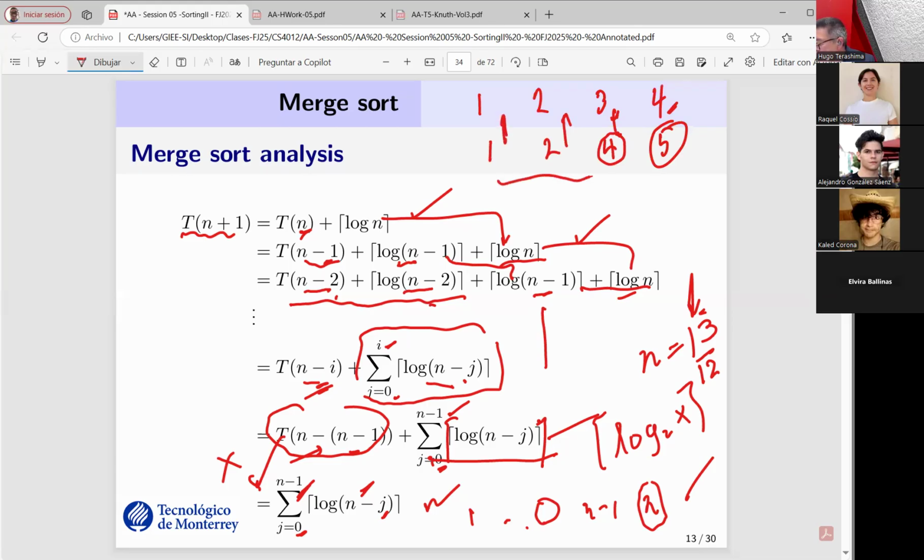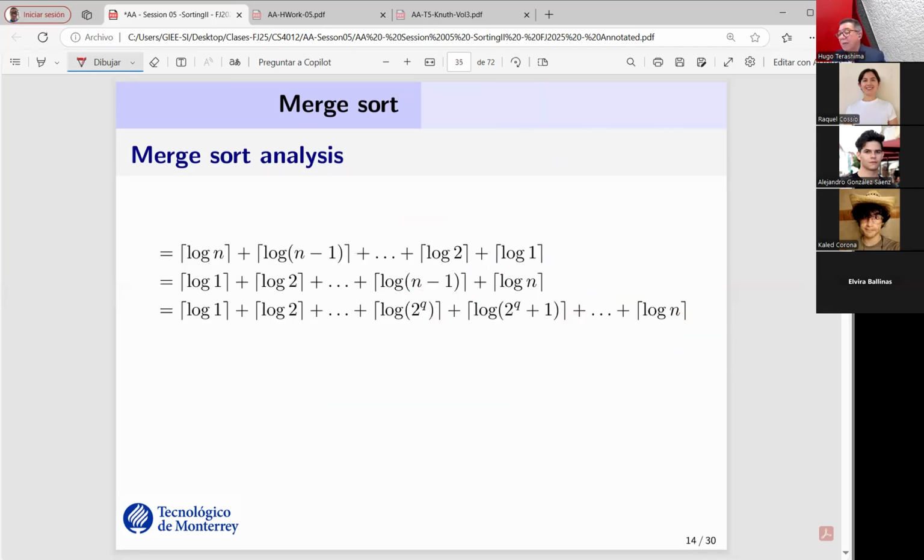So this is an increase in powers of 2, right? And then I have certain numbers with value q plus 1. I need to count all this, because this is what I'm getting in this expression.